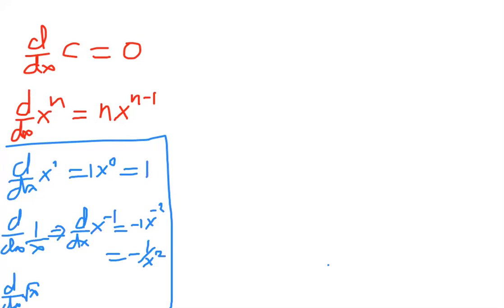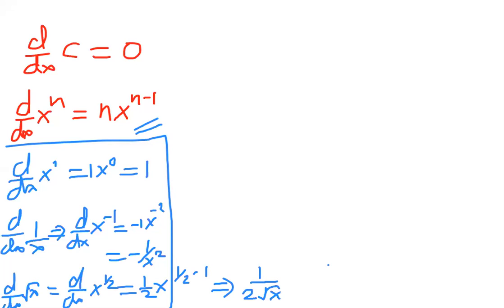Root x can be said as x to power 1 by 2. Keep in mind, we are applying this identity. So it will be n, that is 1 by 2, x to power 1 by 2 minus 1, that is minus 1 by 2. Now directly I'm writing, I don't want to waste the space. So it will be 1 by 2 root x.